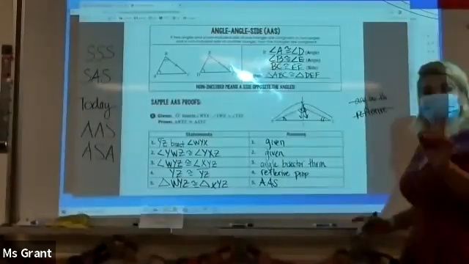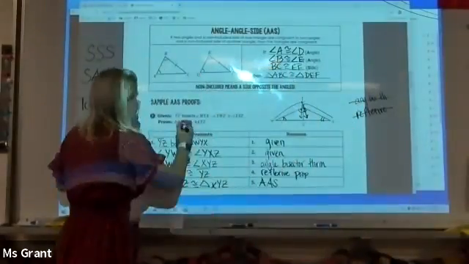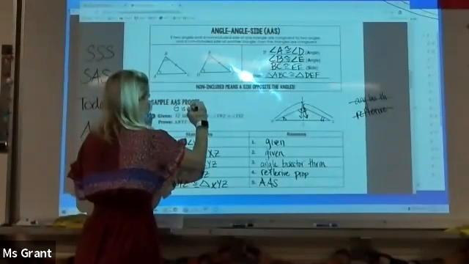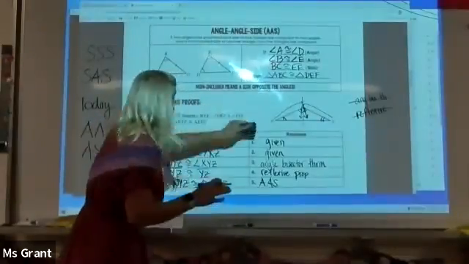Would you have to use the midpoint formula? I wouldn't. It would be a midpoint if it said G is the midpoint, but it didn't say that. We're talking all about angles today. Miss Grant, for number 4, why wouldn't it be YZ is congruent to ZY?